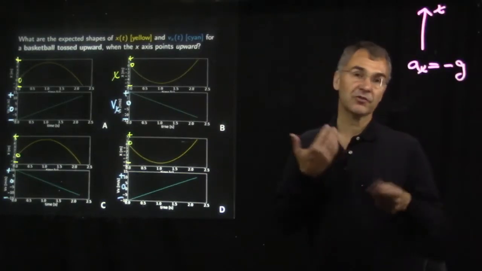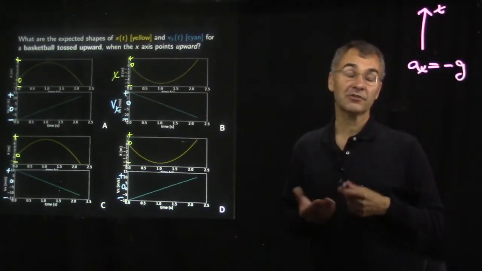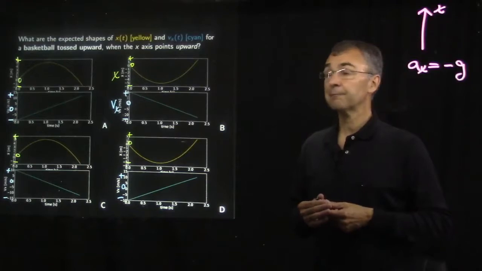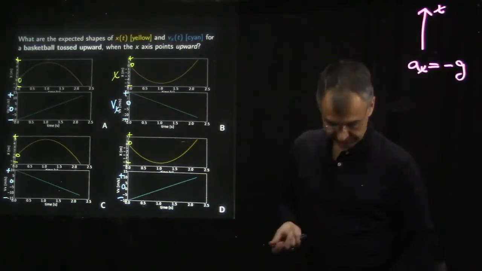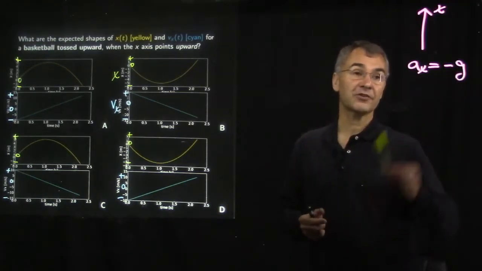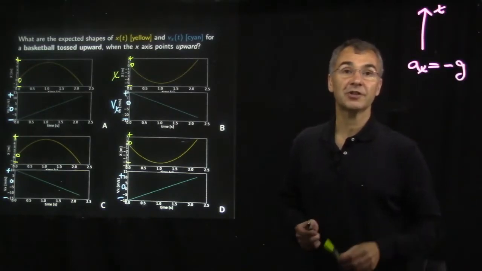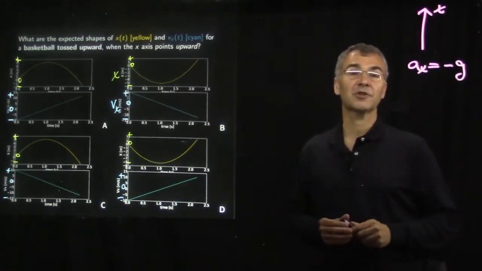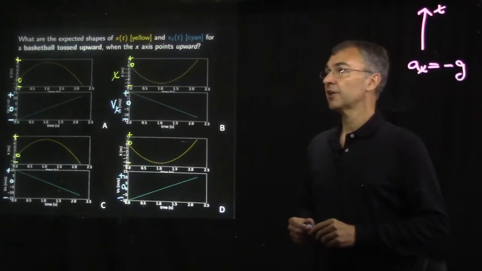And v sub x is the velocity in the x direction. That's the x component of velocity. And remember, the acceleration is downward at g, so a sub x is minus g in free fall problems in one dimension near Earth's surface.